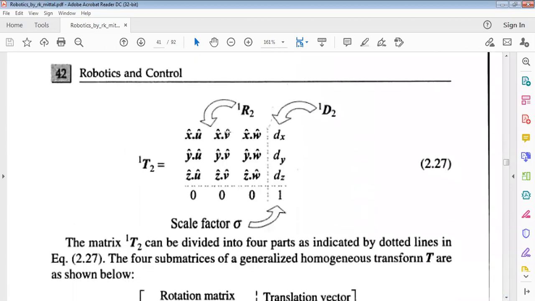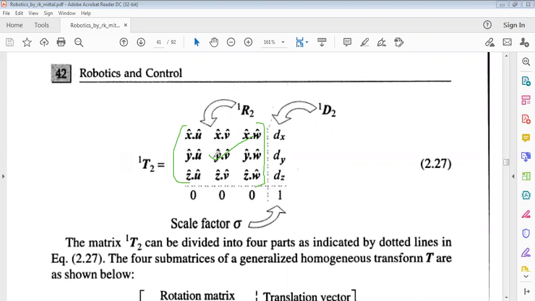This transformation matrix is very important in this subject. This 3 by 3 matrix represents only rotation.